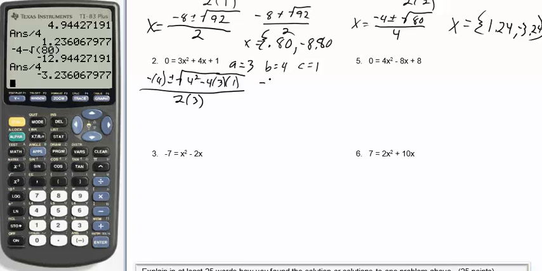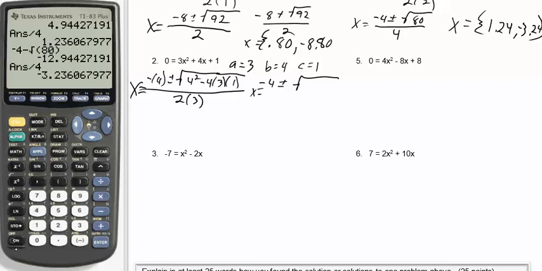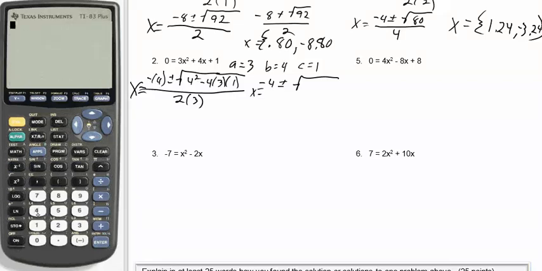So x equals negative 4 plus and minus, and do this part under the square root, which actually has a name. It's called the discriminant.